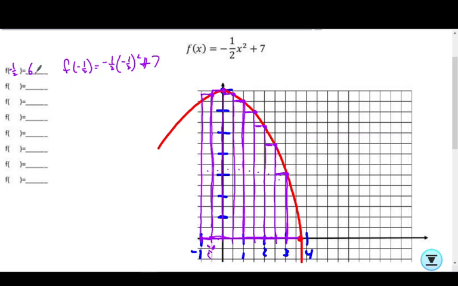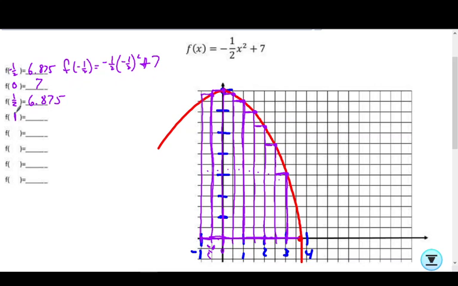So when I plug -1/2 into the function, it gives me 6.875. Obviously, my next one is 0, because this is right here. The right side, the height of this one, is when x equals 0, and that's going to be 7. Then I'm going to plug in positive 1/2, and since it has symmetry, it's going to be the same as negative 1/2.